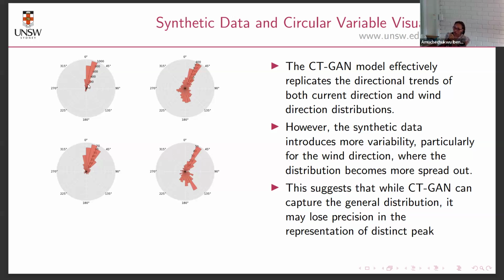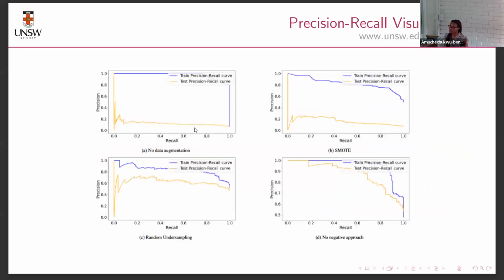This is the actual wind direction and current direction, and this is the synthetic current direction. Yes, it was able to make sure that the current direction stays within the range of 0 to 45 degrees. It gave us similar generation for the wind direction and current direction. Though there are variabilities, it did a good job in trying to mimic it.